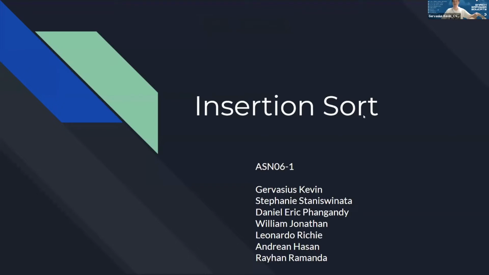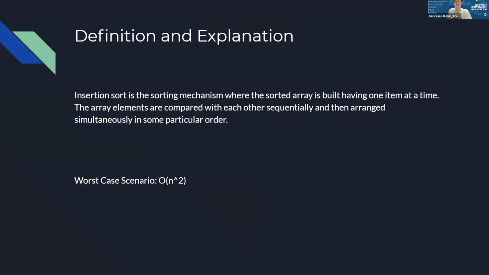Right. So hello everyone. I'm Gervasius Kevin from Group 1. And we from Group FL1 are going to present about insertion sort. This group consists of me, Stephanie, Daniel, William, Richie, Andrian, and Rehan. So first, what is insertion sort?